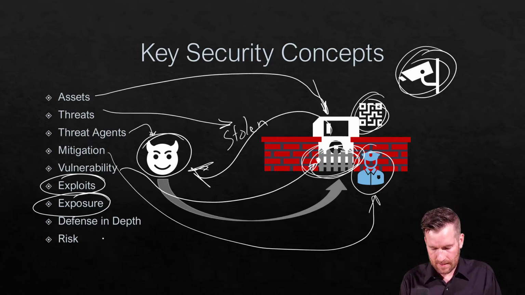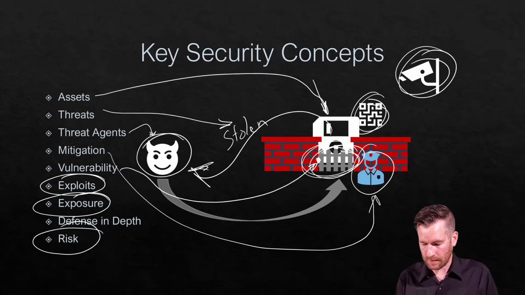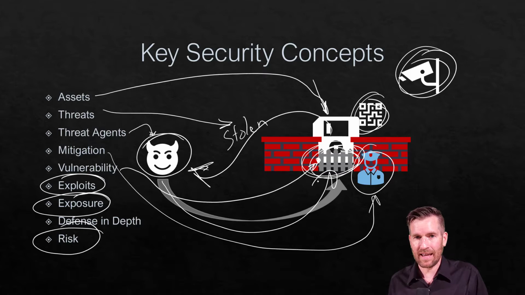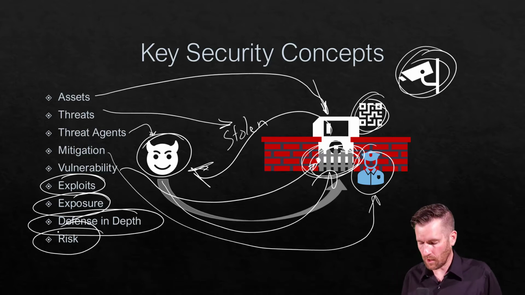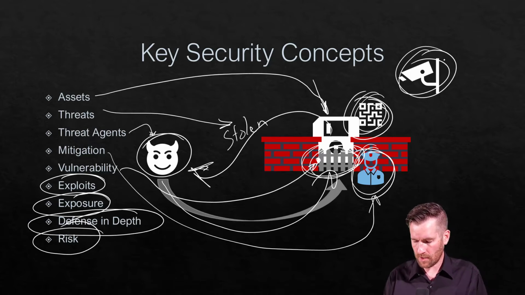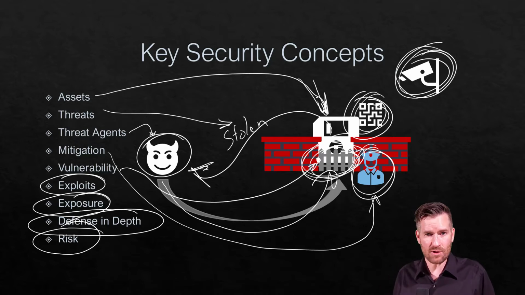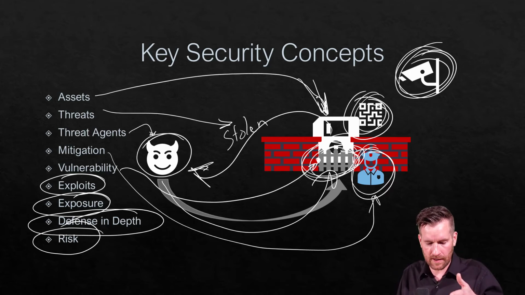We have then this idea of risk, the probability that this is going to happen, and what the impact would be to the company. And then defense in depth. Defense in depth is the idea that we're going to put multiple safeguards on here to protect this data, realizing that each one of those safeguards that we put out there is going to help, but has its own vulnerabilities that can be leveraged.